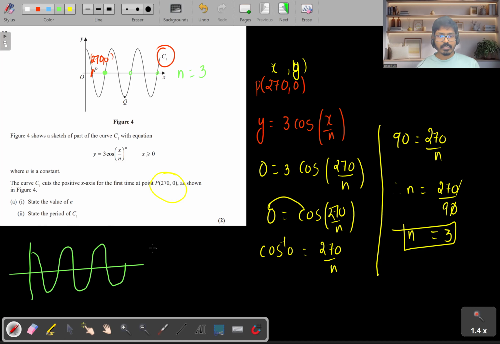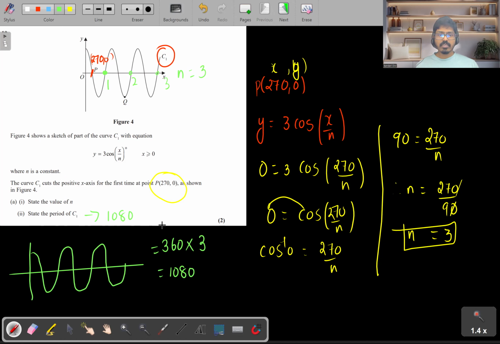For one period it is 360 degrees, and we have 3 periods, 1, 2, 3. One cycle is 360 degrees for cos, so 360 times 3 is 1080. So our answer is 1080.